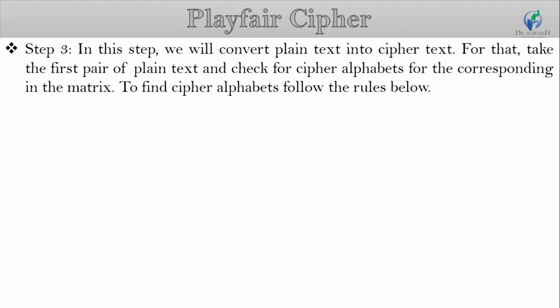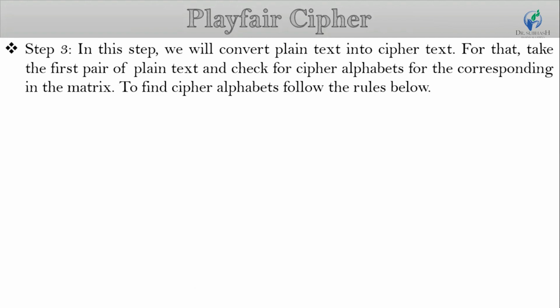Now I explain step number 3. In this step, we will convert plain text into ciphertext. For that, take the first pair of the plain text and check for the corresponding cipher alphabets in the matrix. To find cipher alphabets, follow the rules below.